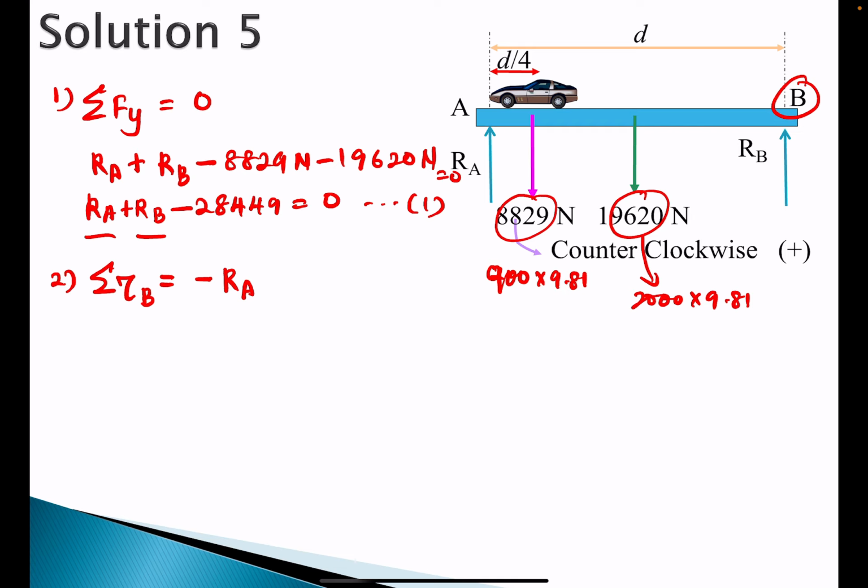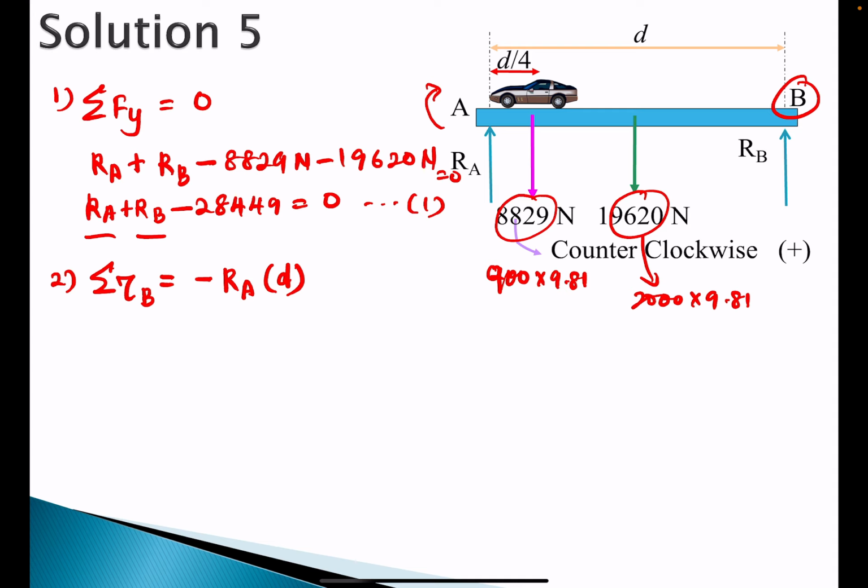Taking into consideration that counterclockwise is positive, the Ra here is clockwise, so it's minus. So minus Ra times the lever arm, and the lever arm from B to that particular Ra is D, so D.